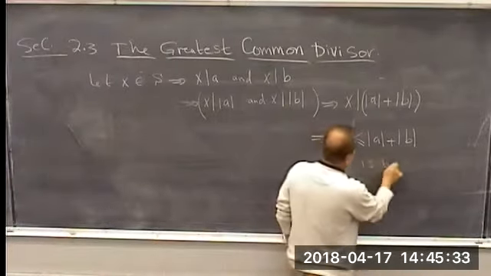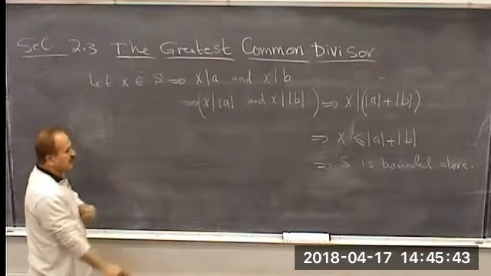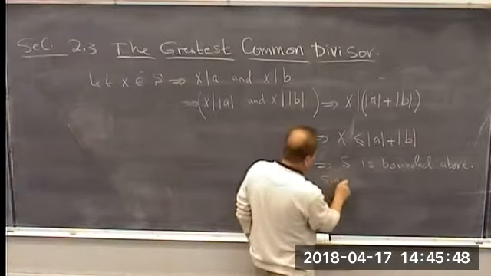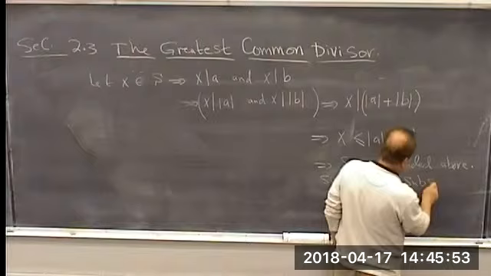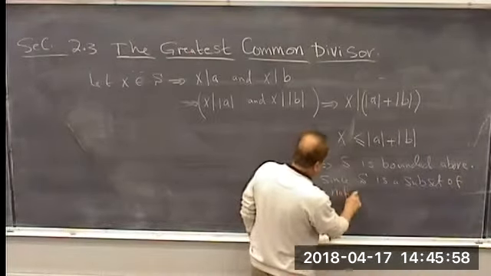So this implies S is bounded, what we call, above. All right, and since this is a set of integers, actually positive integers, since S is a subset of natural numbers, and bounded above, okay?